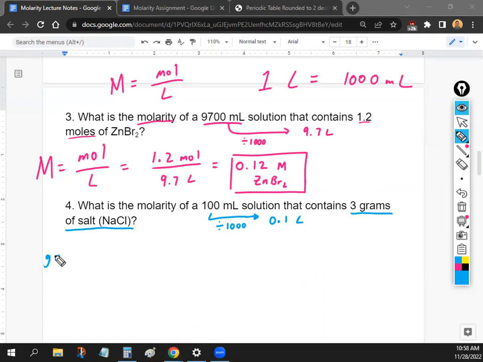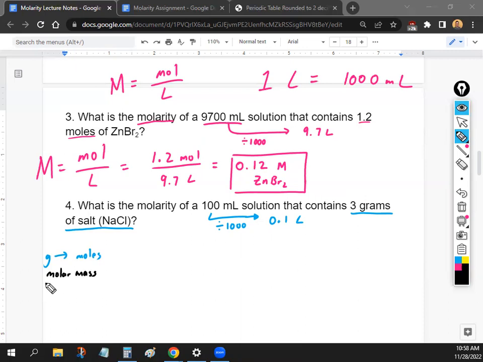And the reason why we're learning how to do this is because if you guys remember from our previous labs, when you have a scale, right, and we put something on top of it, it doesn't tell us how many moles it is, right? It tells us how many grams it weighs. And so what we have to do is we need to know how to go from grams to moles. Okay, and I want you guys to write this down on your notes. Whenever you go from grams to moles, you always want to use your molar mass, okay?